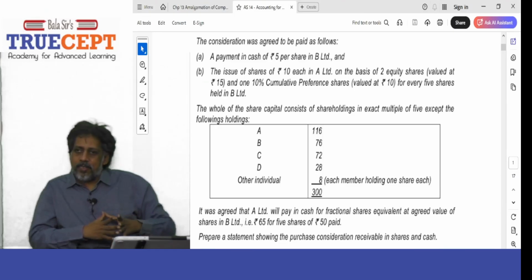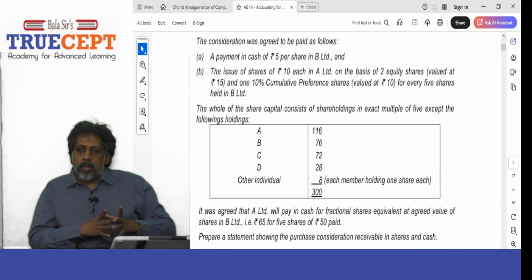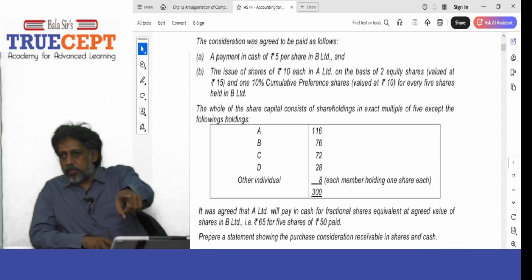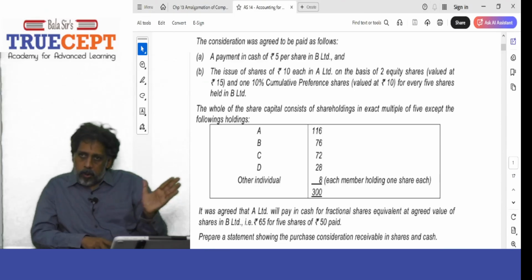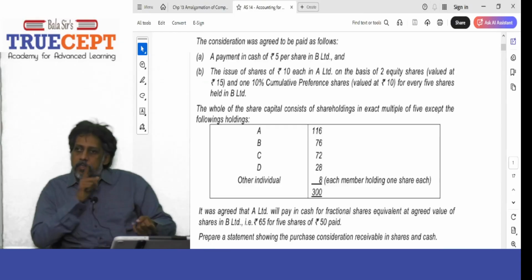So that one share is a problem, because that is creating the fraction. So remove that one, because it will be paid separately as per the question. Read 116 held by A.